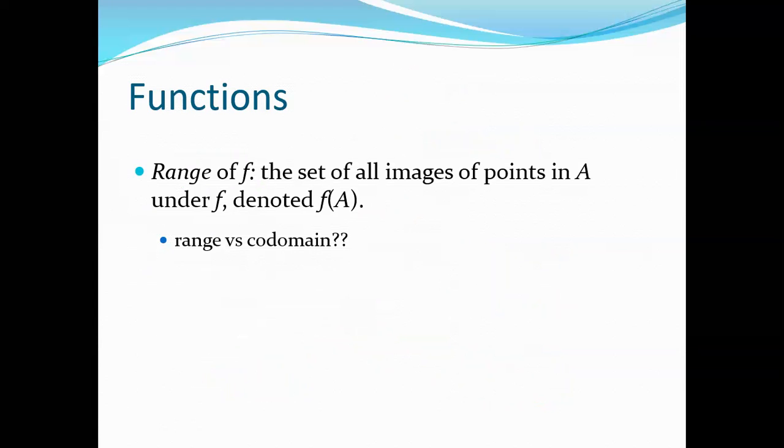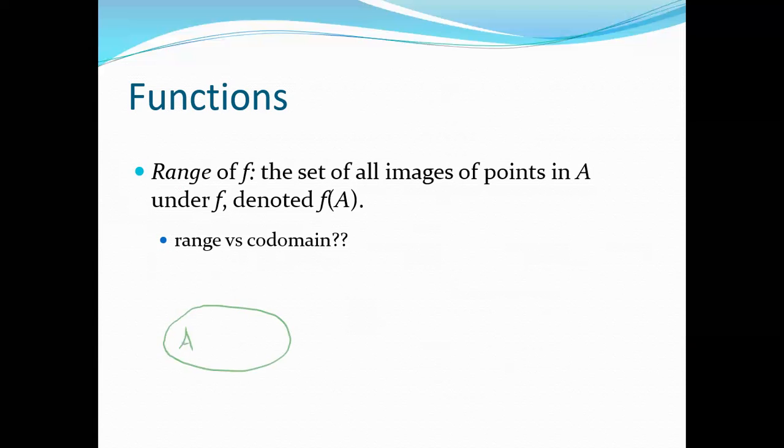Now, what's the range? The range of f is the set of all images of points in A under f, and it's denoted by f of A. Let's draw that same picture again.